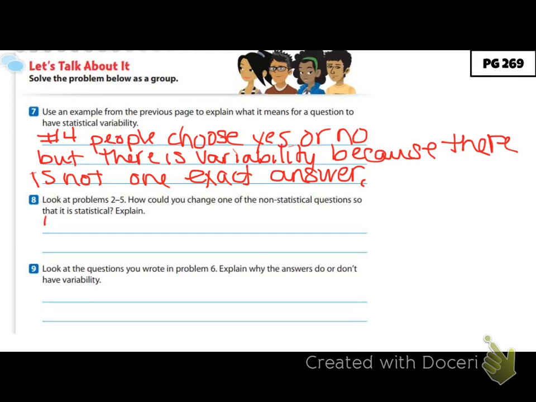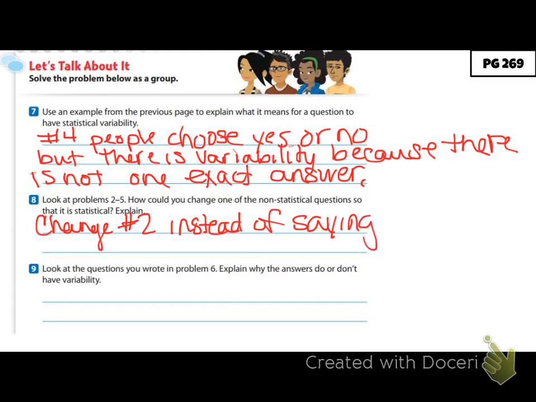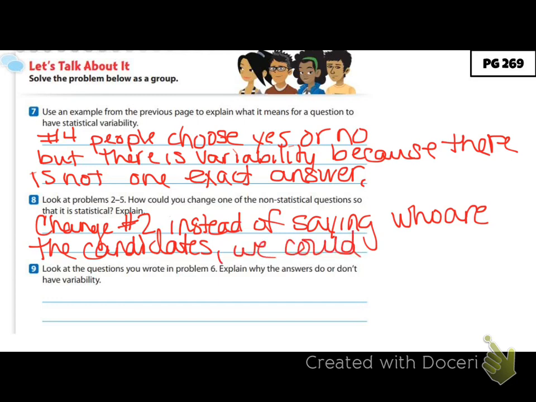Instead of saying who are the candidates, we could ask who they vote for.